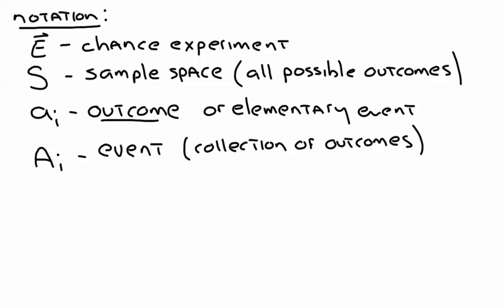In general, events can have a single outcome. They might have no outcomes. They can include all outcomes, meaning the sample space, or, more interestingly, a collection of the possible set of outcomes. Speaking of nothing occurring, we'll use the lowercase Greek letter phi to represent the null set, or null event. And this is the event that nothing occurs when I perform a chance experiment.